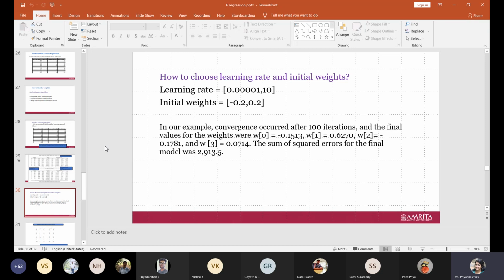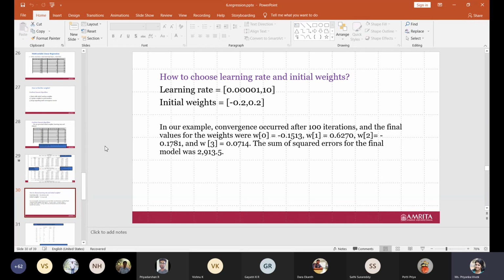And for initial weights, there is no specific rule that you have to choose in a particular range, but from different experiments conducted, they have identified that when it is between minus 0.2 to 0.2, you usually get reasonably good convergence. So if nothing is given to you, you can choose something like this and then start.